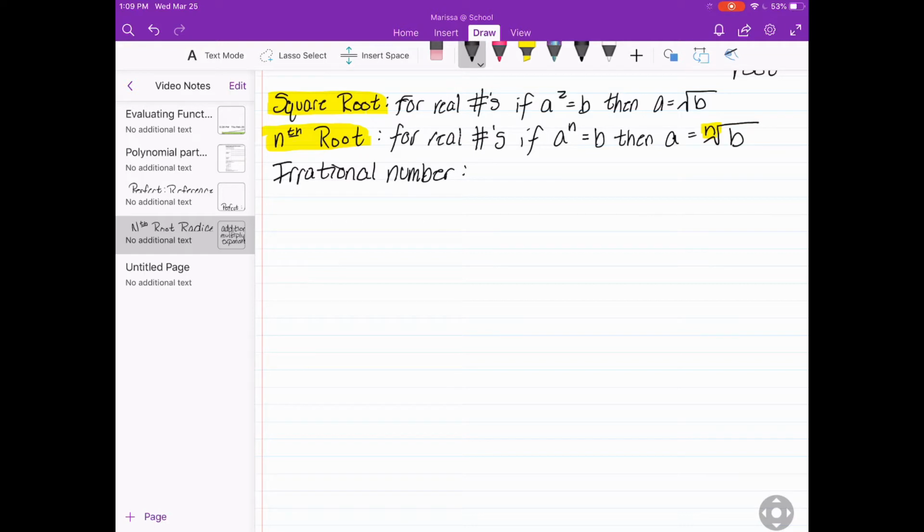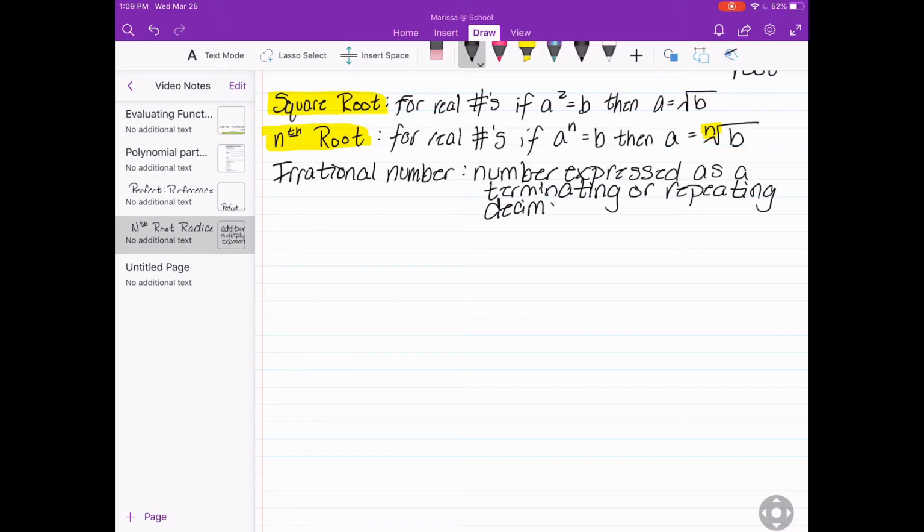An irrational number is a number expressed as a terminating or repeating decimal. So that just means that it's a number that keeps repeating itself.